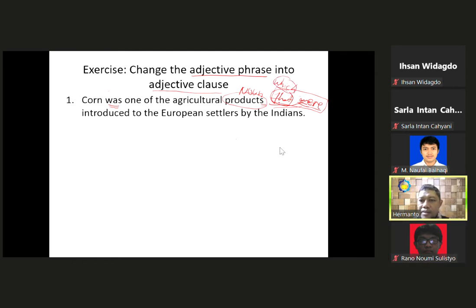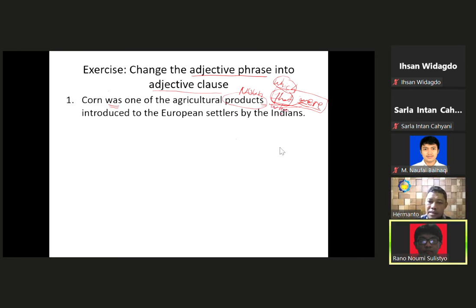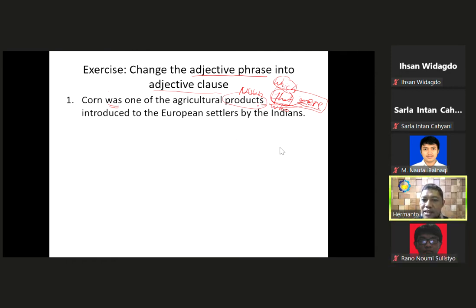Is it possible to replace that with who? No. Why no? Because it's an object. Products is an object, not a person. Who is only for person. Excellent. So product is not human, so that's why it is impossible to use who.